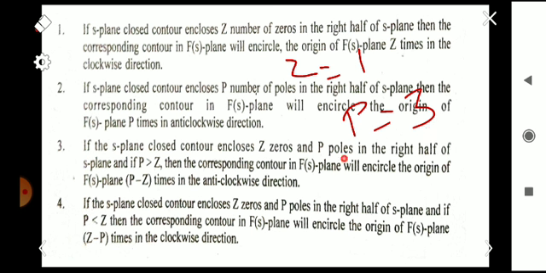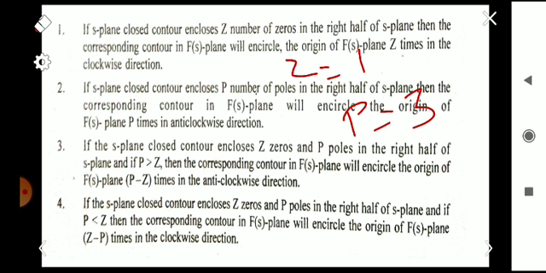So here the number of poles is higher. So corresponding to this pole, we know that if poles are existing, anti-clockwise encirclement will be there. So here P is greater than Z, that is 3 is greater than 1. So P minus Z times, that is 3 minus 1, 2 times, the origin of F of s plane will be encircled 2 times in the anti-clockwise direction.